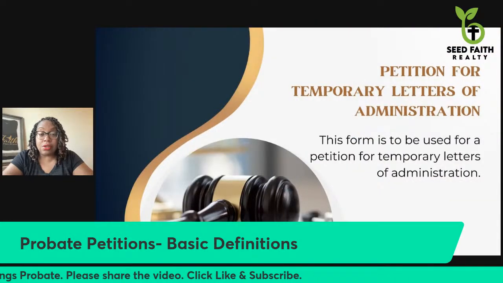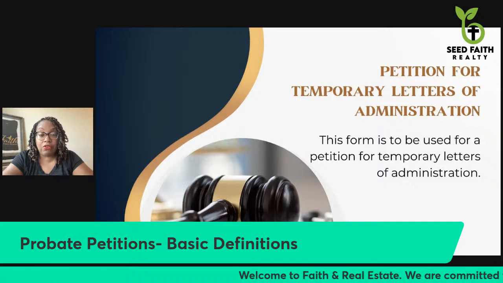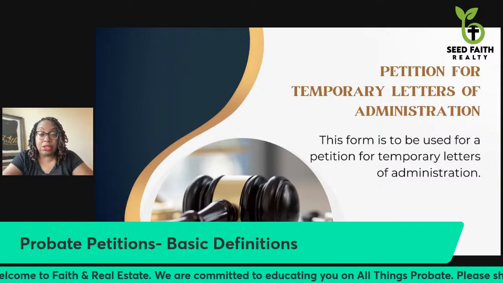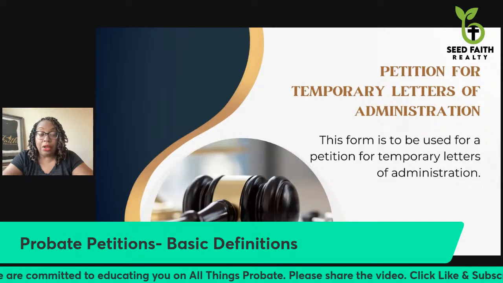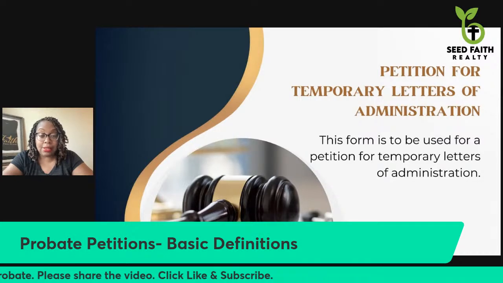And so the first petition that I want to cover is the petition for temporary letters of administration. And this is the form that's used, simply like it says, if you want to file a petition for temporary letters of administration. And we know letters of administration are for those cases where you're filing a probate case and you don't have a will.